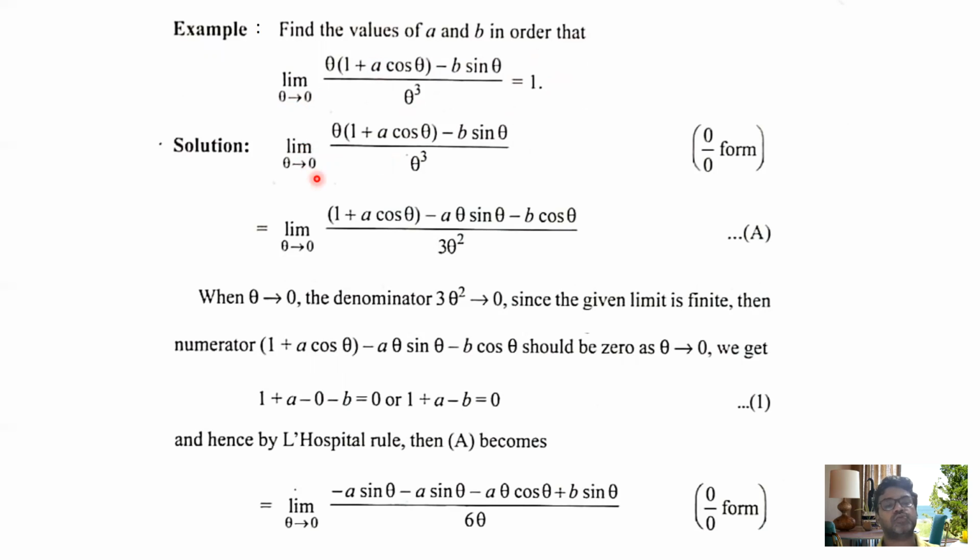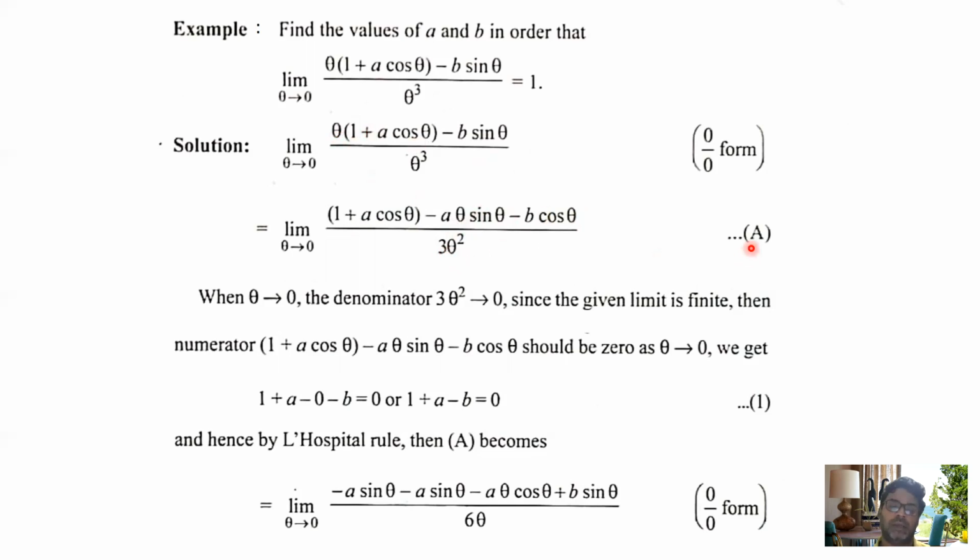Now limit theta tends to 0, theta into 1 plus a cos theta minus b sin theta by theta cube. If I put theta 0, this part is 0 minus 0 by 0, that is 0 by 0 form. Then again you differentiate this, that is 1 minus a cos theta, from here a theta sin theta, and from here minus b cos theta, and from here 3 theta square.